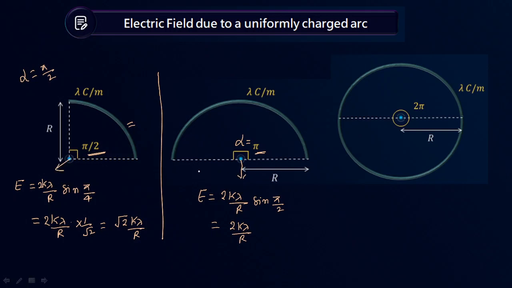When it is a complete circle, alpha equals 2 pi, and in this case E equals 0. From symmetry, the components along the line joining get cancelled out from all sides, and the net electric field is 0 at the center of a ring.